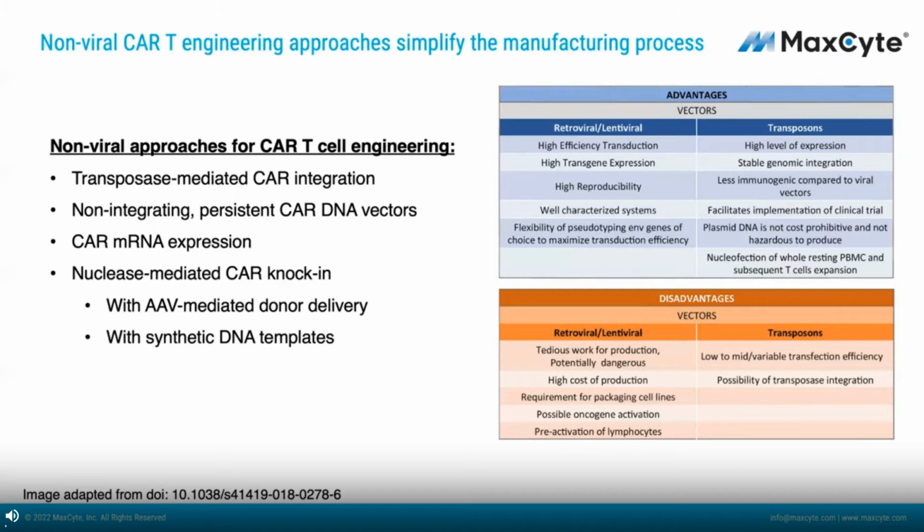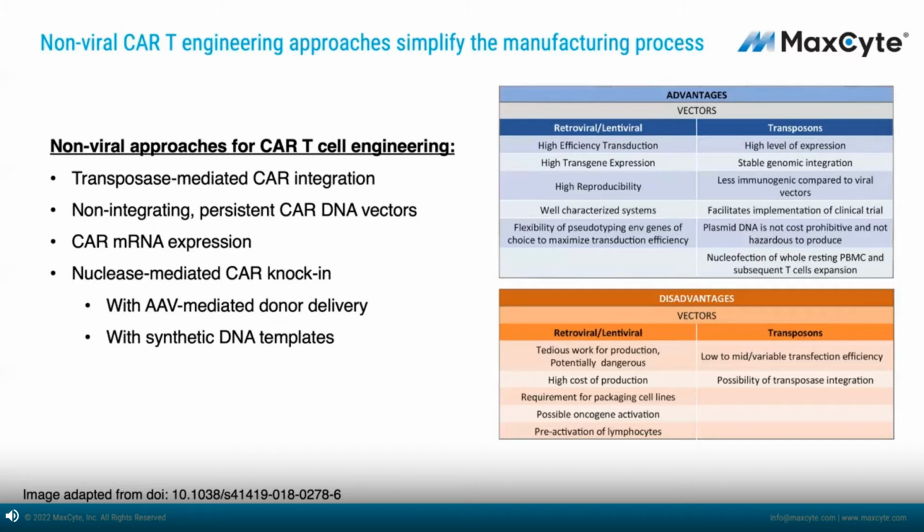So while you might end up with 60 to 80% CAR positivity using a lentiviral approach, many times non-viral approaches will struggle to get over 60% CAR positivity in your final product.